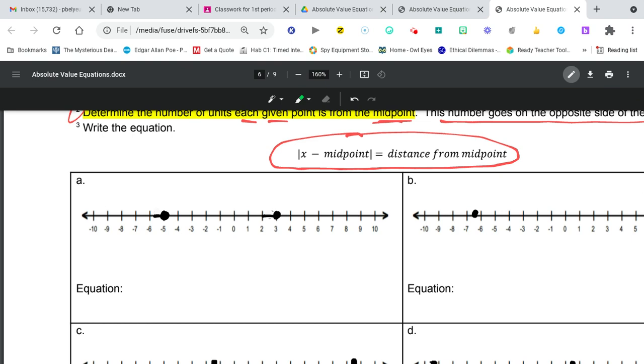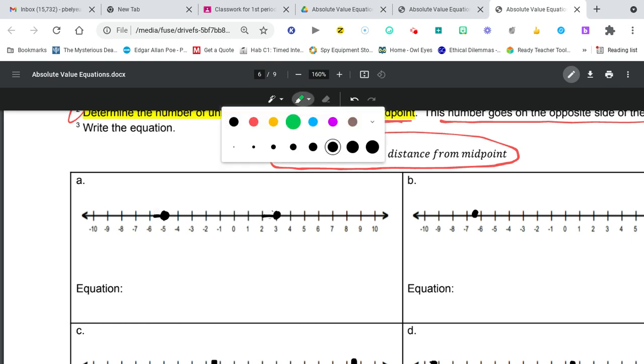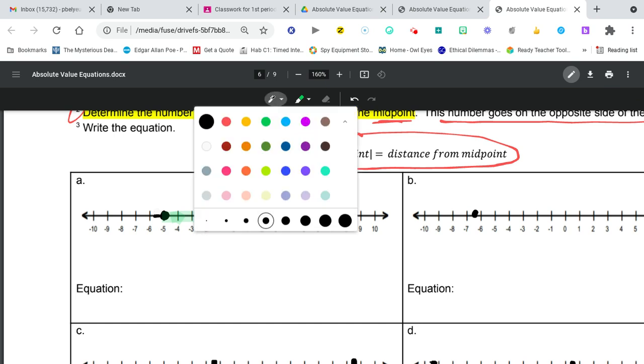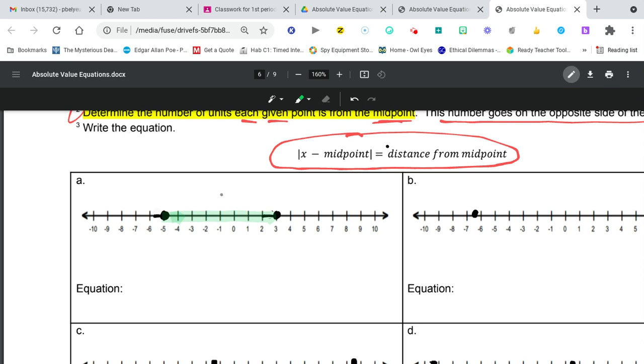All right, now what I'm going to do is look at this entire distance, the amount of spaces between -5 and 3. So that's 1, 2, 3, 4, 5, 6, 7, 8 units between them. So I know halfway would be just 4 units. It will be right here.